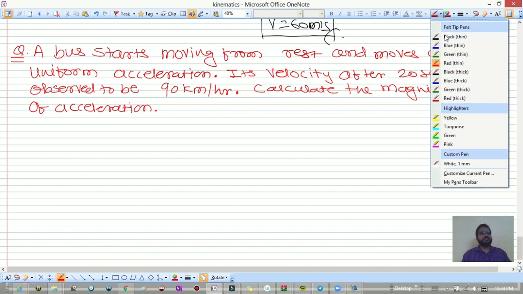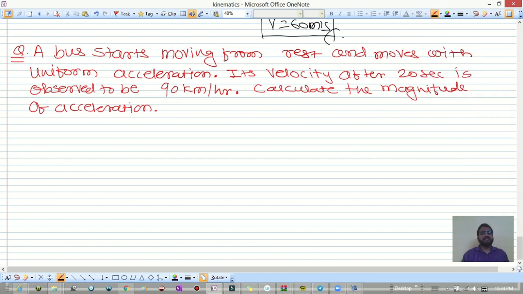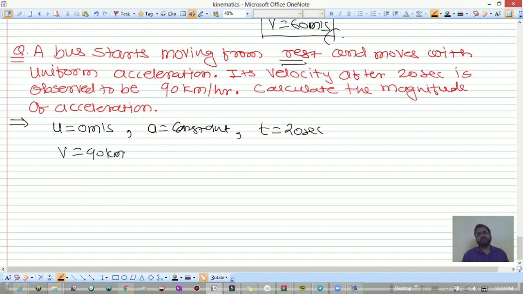So in this it is given a bus starts moving from rest, right? So initial velocity is 0 meter per second, and moves with uniform acceleration indicates acceleration is constant over here. Its velocity after 20 seconds, that means time t is equal to 20 seconds, its velocity is given as 90 kilometer per hour.